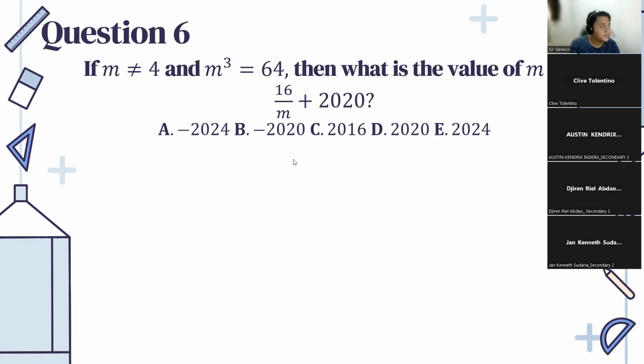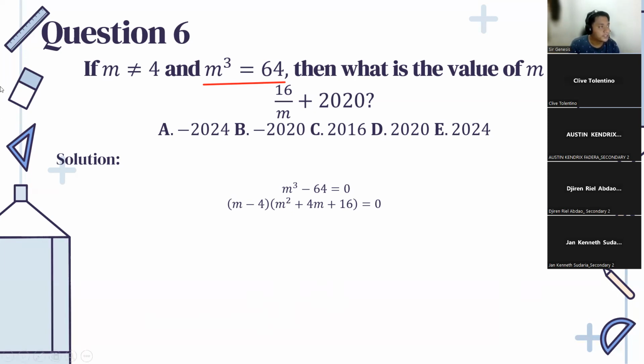Okay. So for this one, we have m cubed minus 64 is equal to 0, right? When we manipulate this one. If we try to use the special product and factoring this one, difference of two cubes, you will obtain m minus 4 multiplied to m squared plus 4m plus 16 is equal to 0.